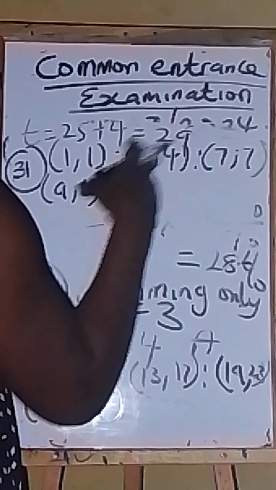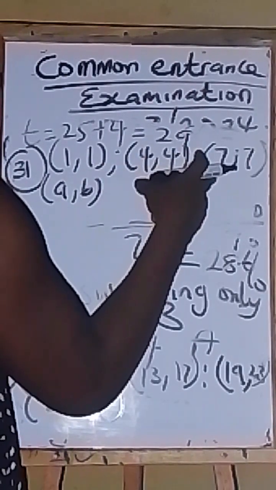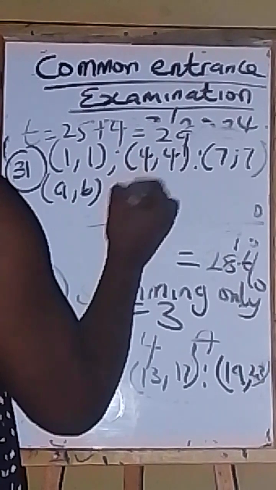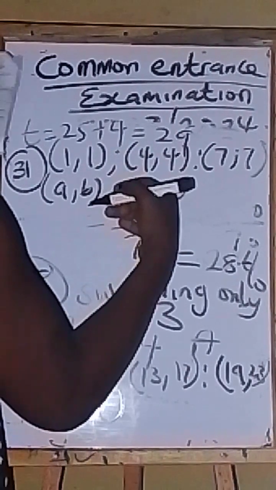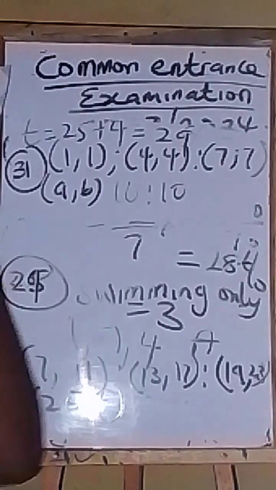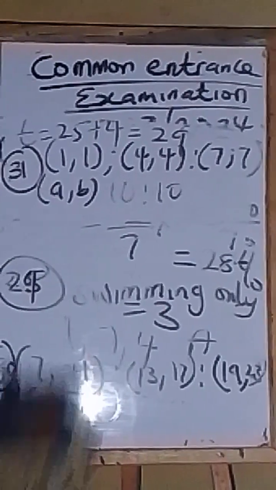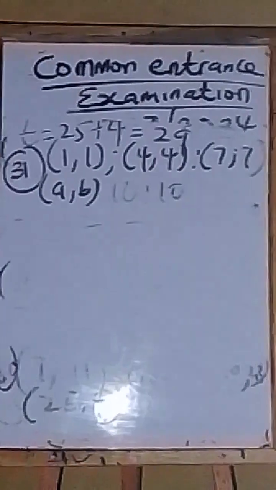The difference between 4 and 7 is 3. The difference between 7 and 10 is 3. Now the answer is C.